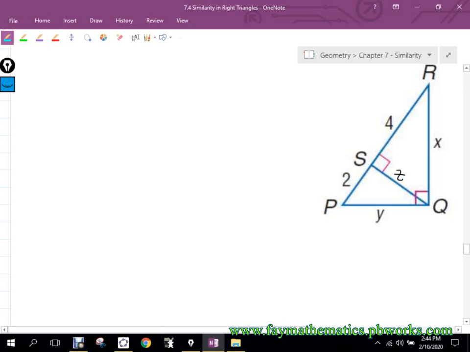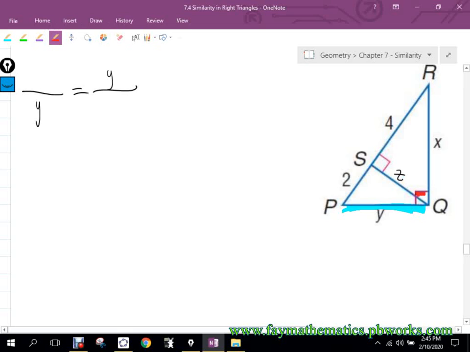let's look at that segment right there. That's a leg, right? Okay. Well, we just said the leg should be a geometric mean. So Y should go there, and Y should go there. Does that make sense? Now, it's the geometric mean between the hypotenuse. What would be the hypotenuse in this overall triangle?